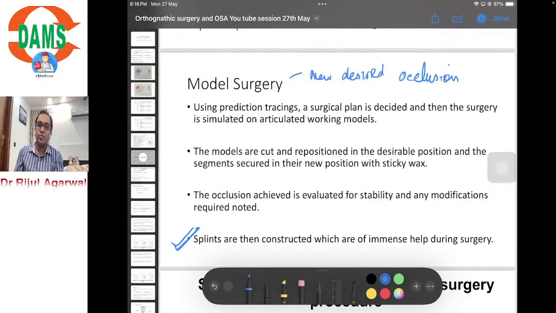So for that, splints are constructed which act as a marker. Okay, just imagine two jaws loosely hanging, they should be stable. So these splints are constructed on the model. So from exam point of view, model surgery is done for the construction of splints.